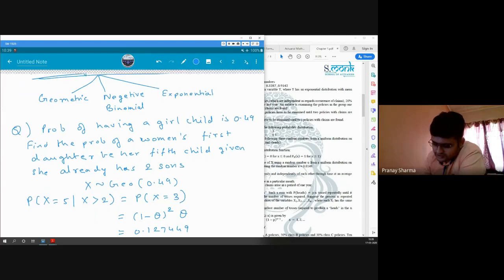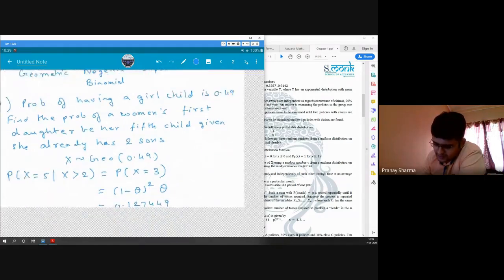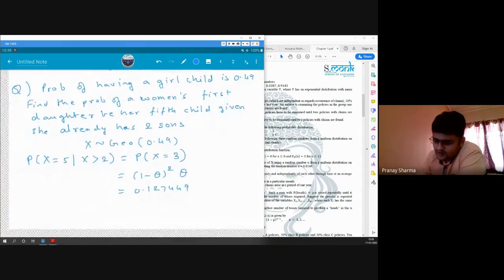Is it clear? This is our memoryless property. We can solve negative binomial distribution sums this way as well. We can skip whatever has happened before. We can literally skip.